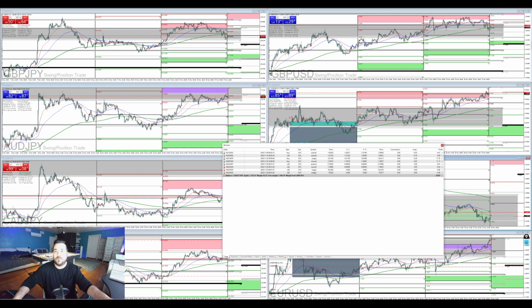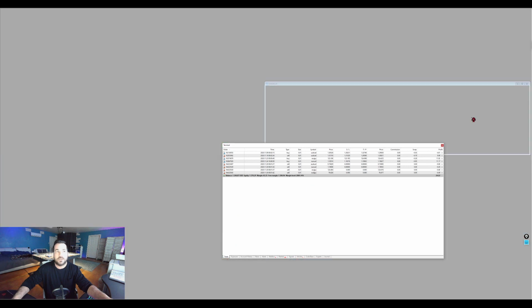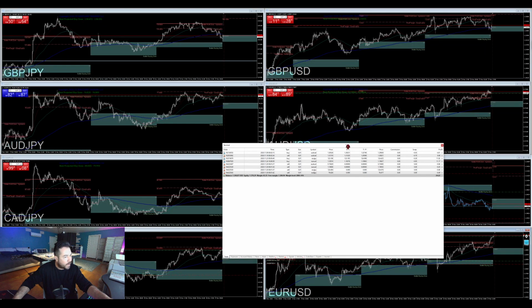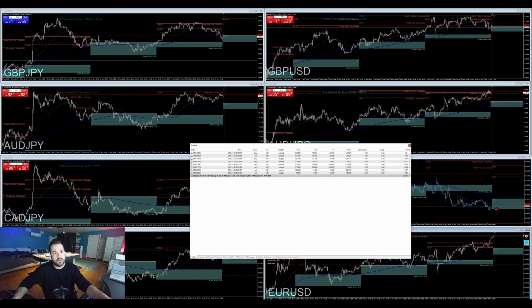I'm going to take this on over to my dark charts. This is 1 hour candles. You can see here we're in the USD CAD exactly where I want to be. It's that box right in here. So these are a lot of my new trades here. Let me go ahead and get these marked off.